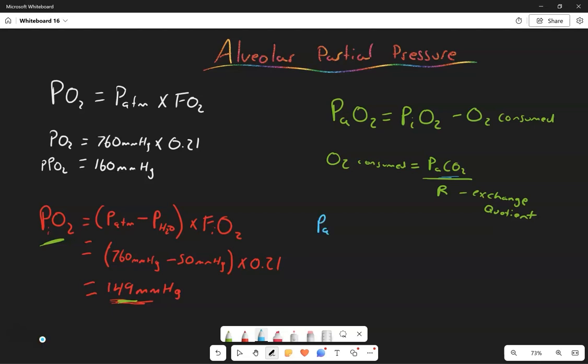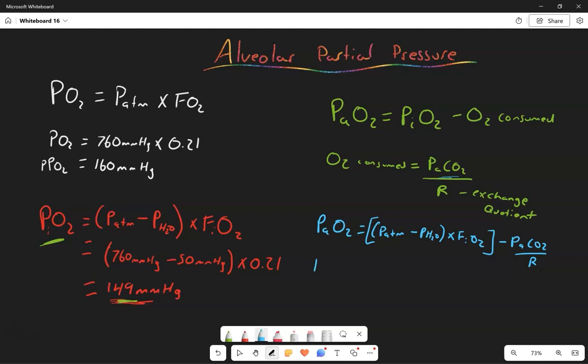Let's go ahead and plug all that in now. So we have the partial pressure of oxygen in the alveoli is equal to the atmospheric pressure minus the pressure of the water vapor, all of that times the fractional composition of the inspired air for oxygen. And then all of that minus the O2 consumed, which is the arterial carbon dioxide over the exchange quotient.